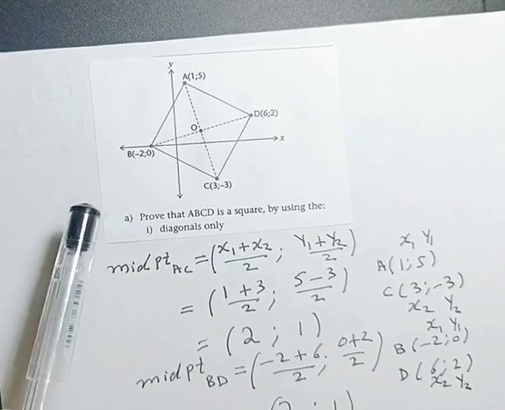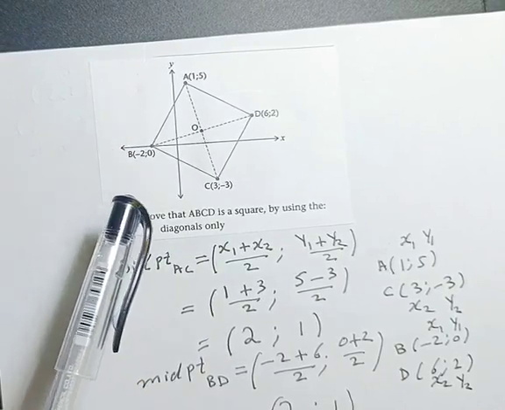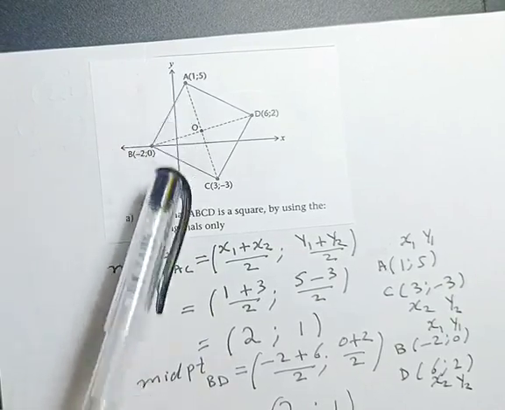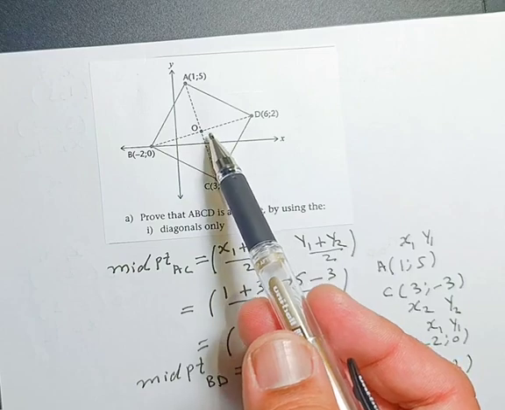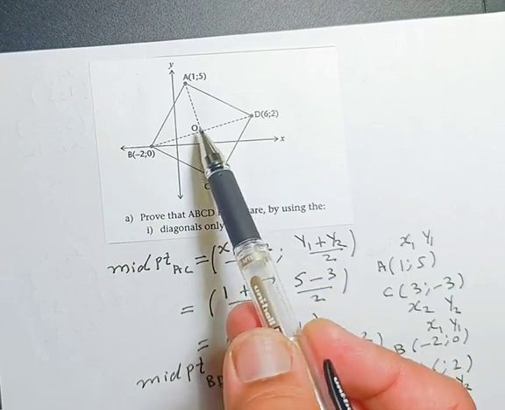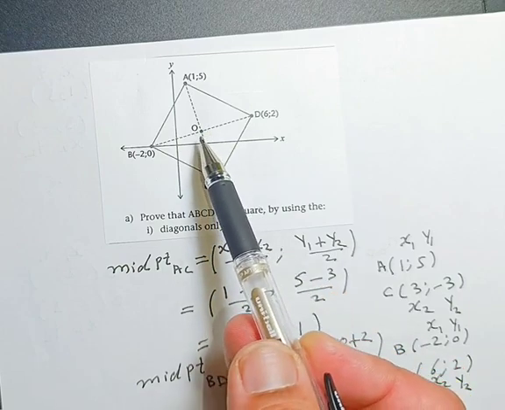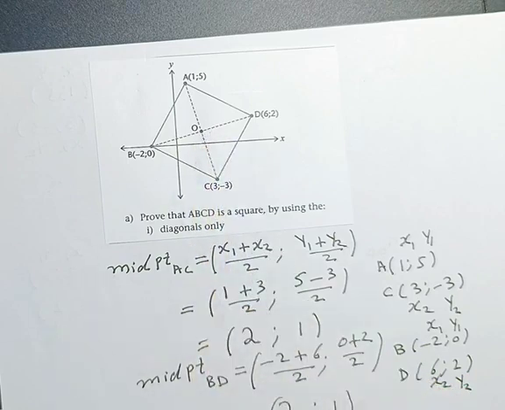We prove this is a parallelogram. So we take the midpoint of AC and BD, and the midpoint is the same, so they bisect each other at O. So this is a parallelogram. Then we fulfill the two conditions which make a square.